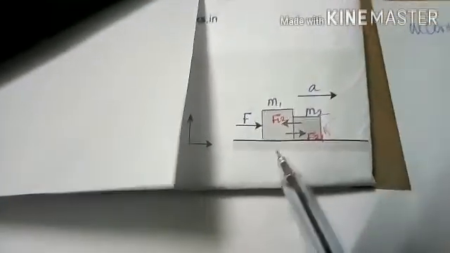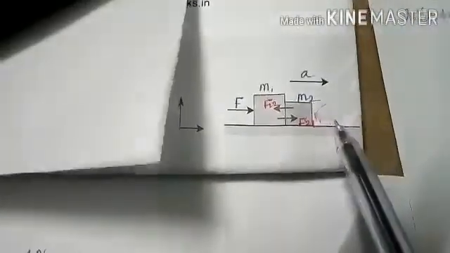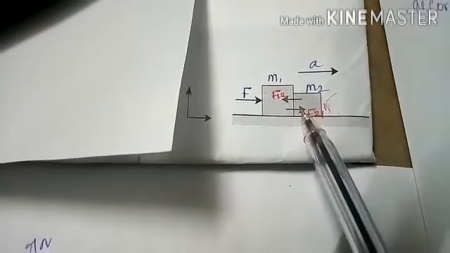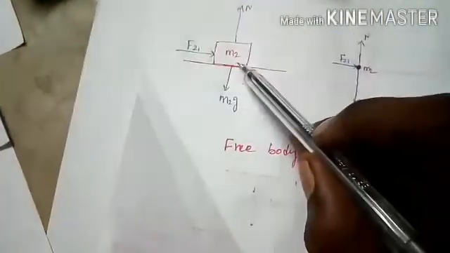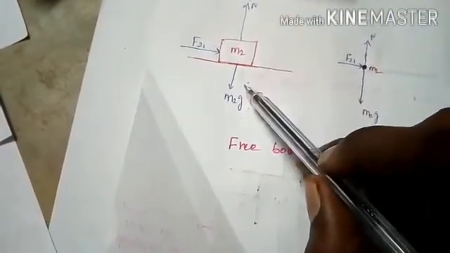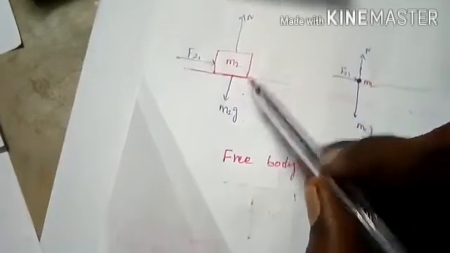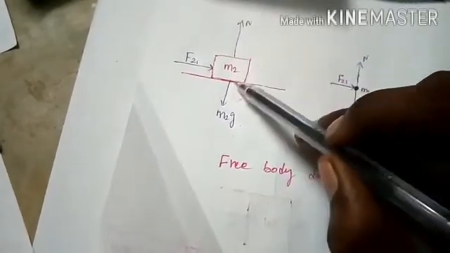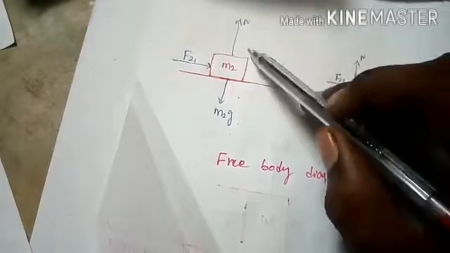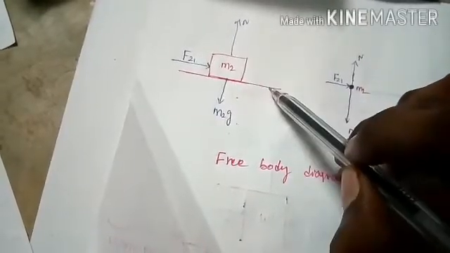See our main diagram: there is no force acting on mass m2 from the other side. The gravitational force acts downwards on the mass m2, and the normal contact force N is exerted by the surface.